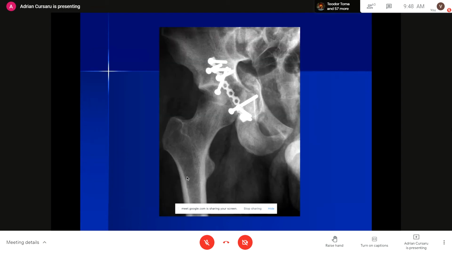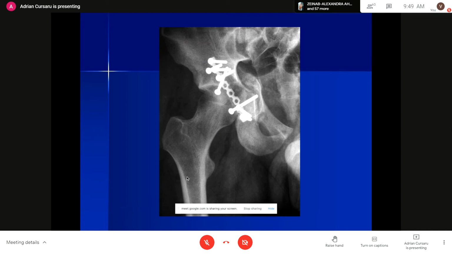Okay, so what kind of treatment could apply in that type of fracture? What's that? What do you think that is? That's a reconstruction plate.